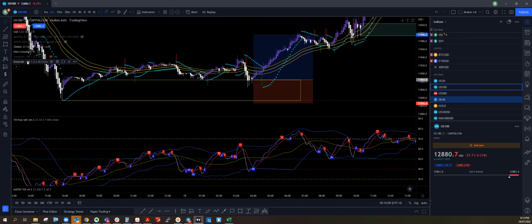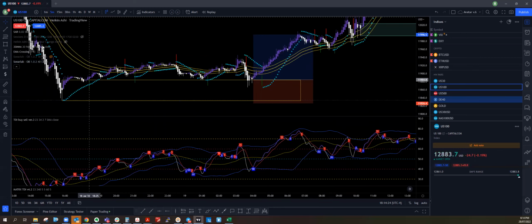Now these two indicators here mark the order blocks on the chart based on the settings. I have them set so that one is for the higher time frame and one is for the lower time frame. So only this one is going to show up on the lower time frame, anything less than the 1 hour.